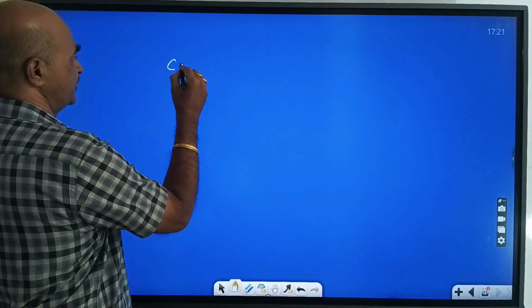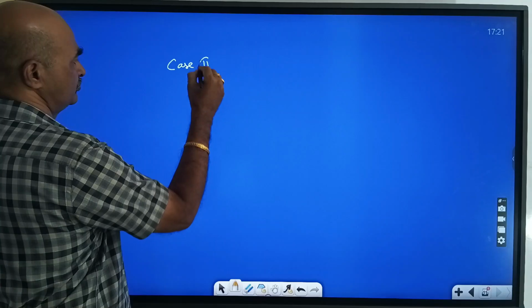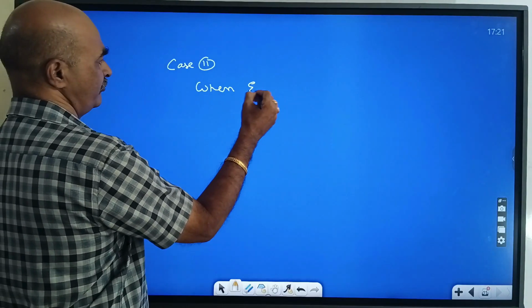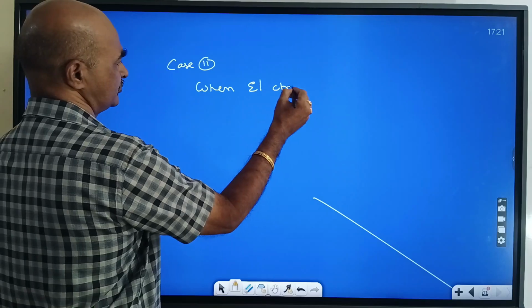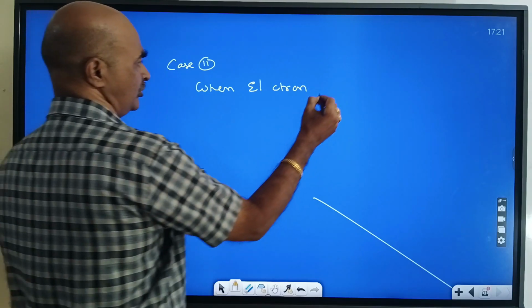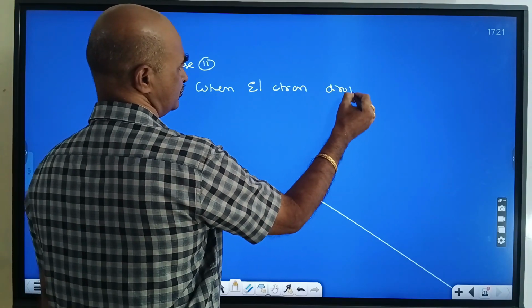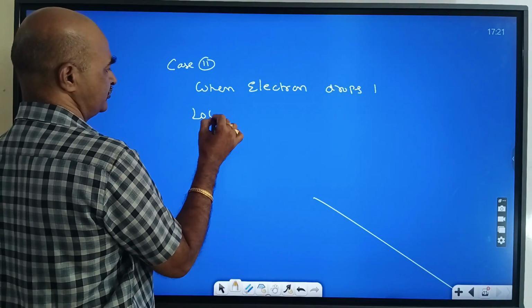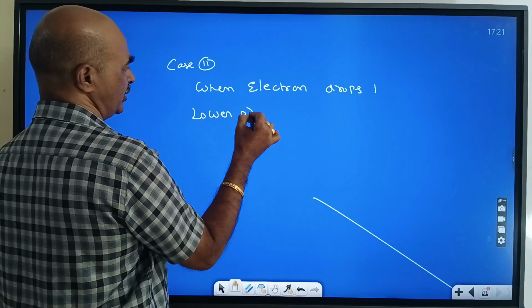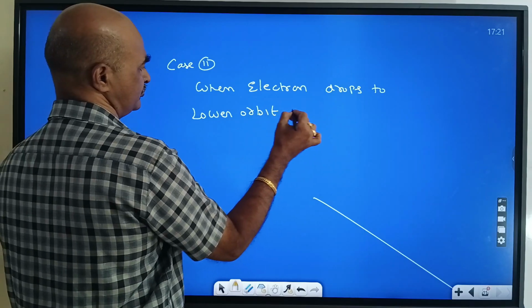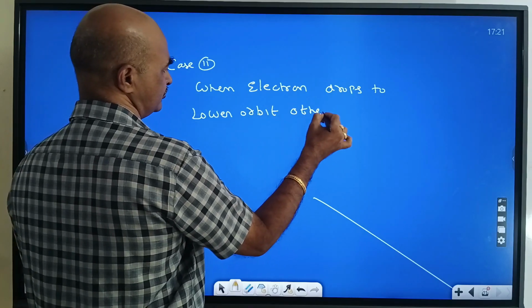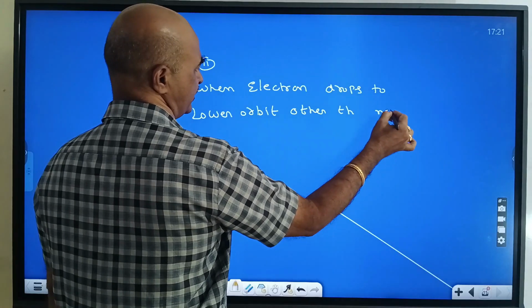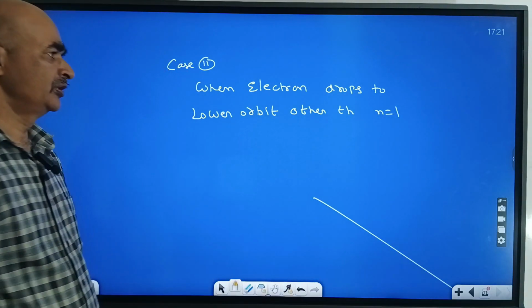Next, case 2. When an electron drops to a lower orbit other than n equal to 1.